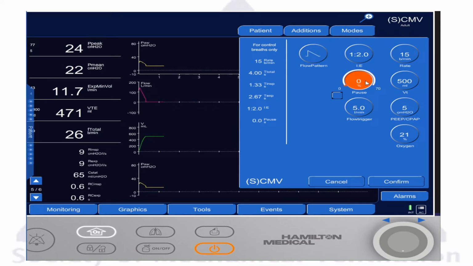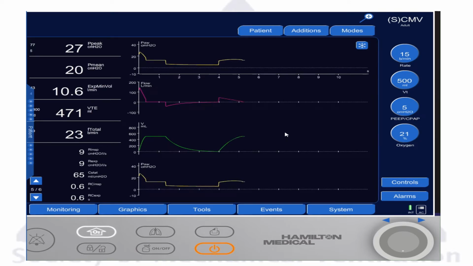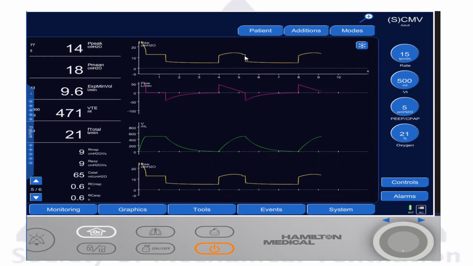I'm just gonna remove the pause. Try to appreciate the difference now between the airway pressure. If you notice here, this looks very similar to pressure controlled ventilation, because we know that pressure controlled ventilation uses the decelerating waveform, so the airway pressure would look a little bit like a square waveform here.